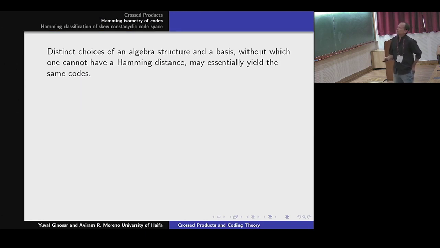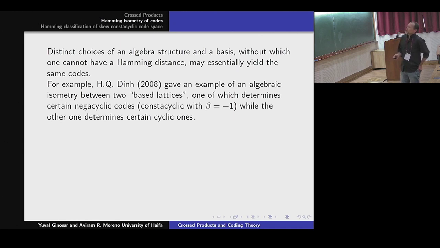Okay, so what is the motivation here? Distinct choices of an algebra structure and basis, without which one cannot have a Hamming distance, may essentially yield the same codes. This was remarked by Dean in 2008.